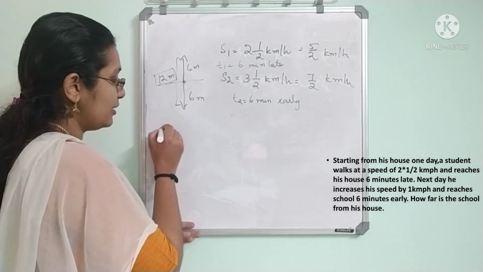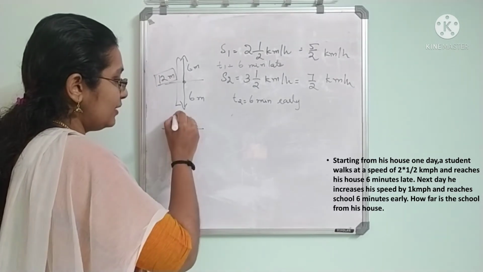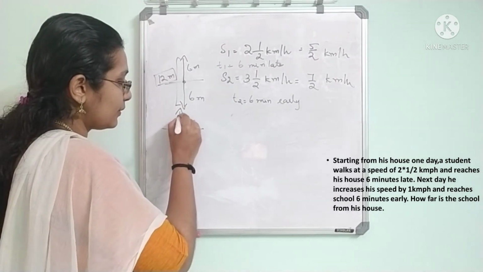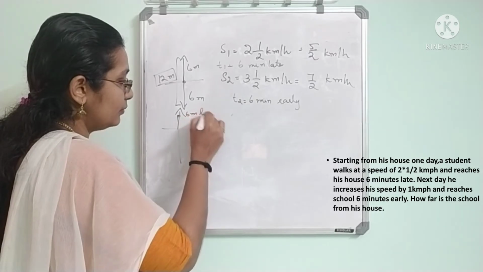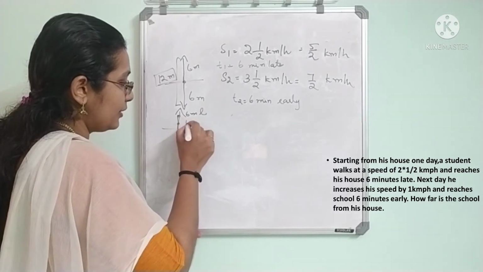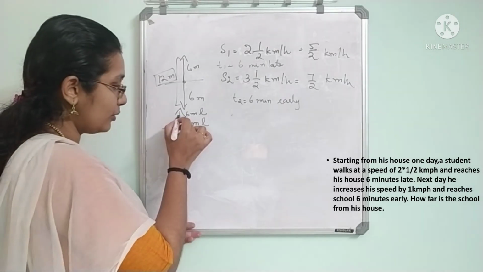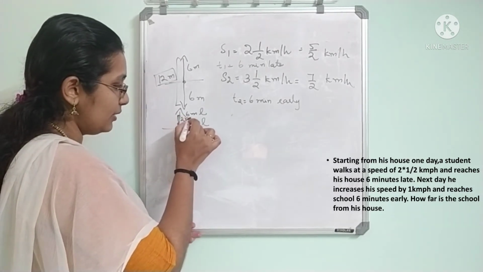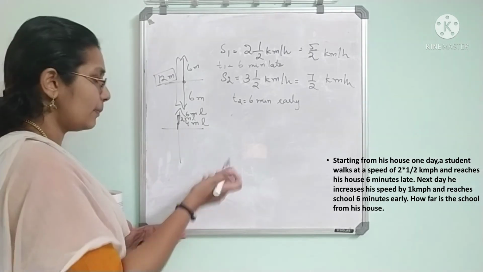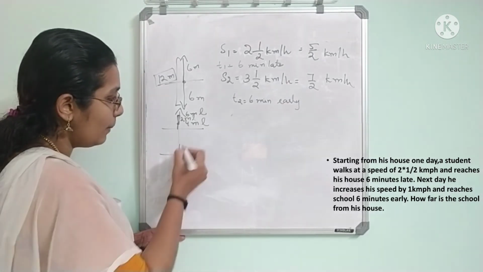Suppose other conditions are like, first condition is 6 minutes late and 4 minutes late. Means both are on the same side, late. So the difference between these two is 2 minutes late. Okay. Suppose the third condition is both are early.